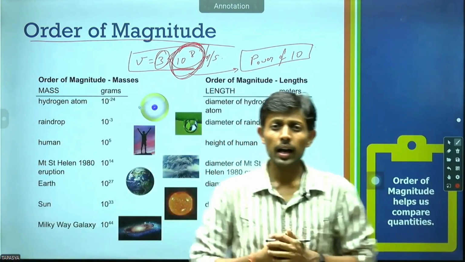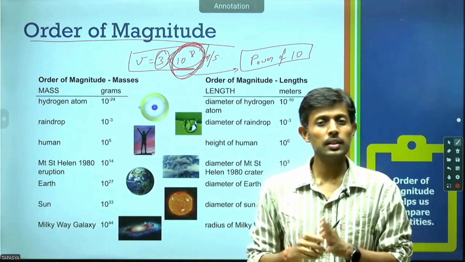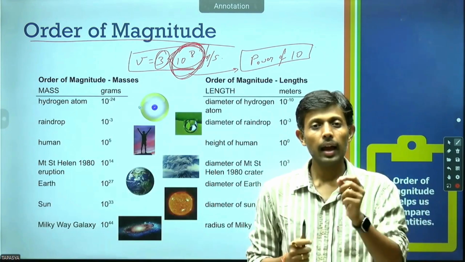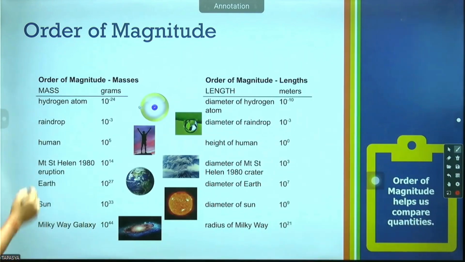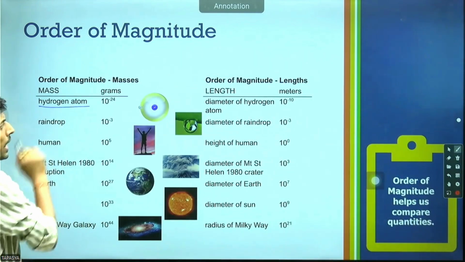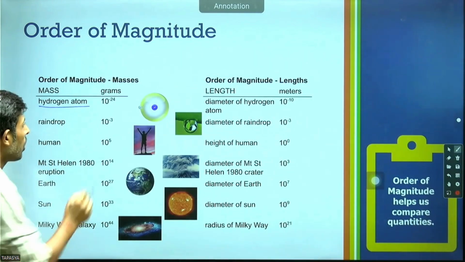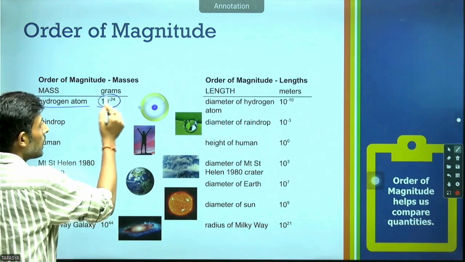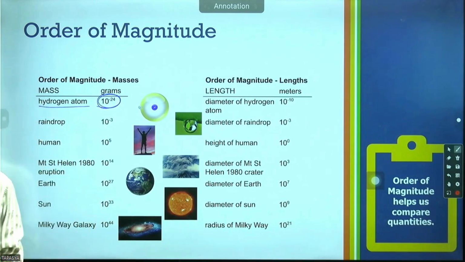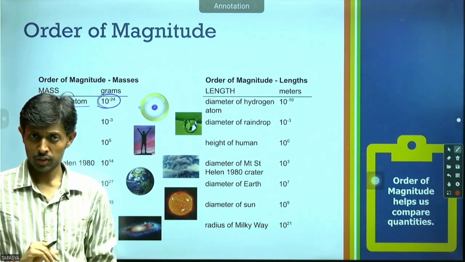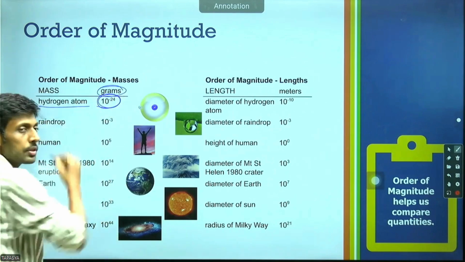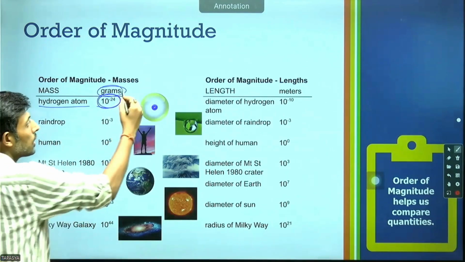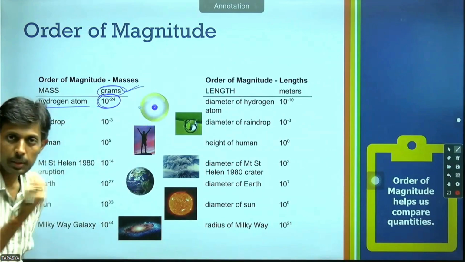Let's take a look at the different physical quantities that we will be dealing with and their orders of magnitude. As you can see here, the mass of a hydrogen atom is very, very small, of the order of 10^-24 grams. That is the unit in which the mass has been measured.